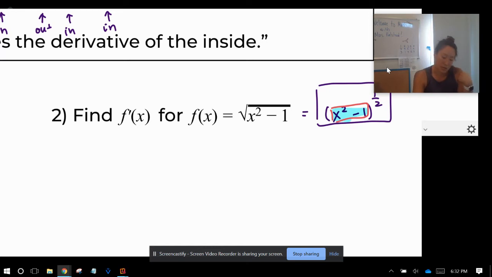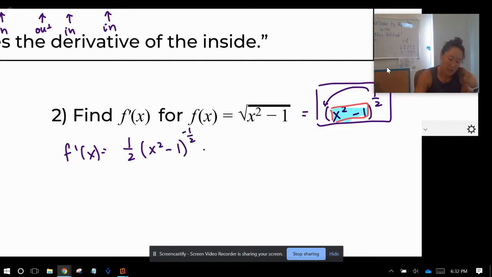So we start with the outside. f prime of x is equal to, the 1/2 comes in front. Leave the inside, it's basically u, minus 1, raised to the negative 1/2 times the derivative of the inside part. So x squared minus 1, the derivative is 2x. Simplify.